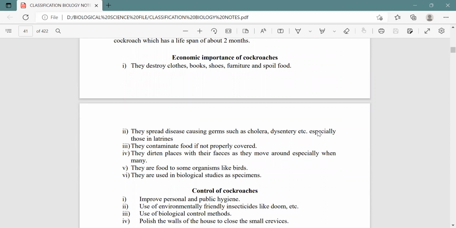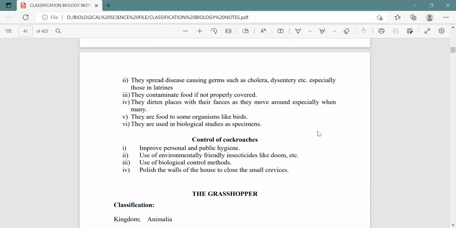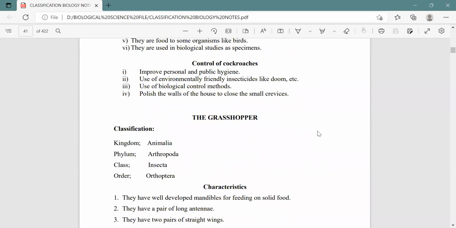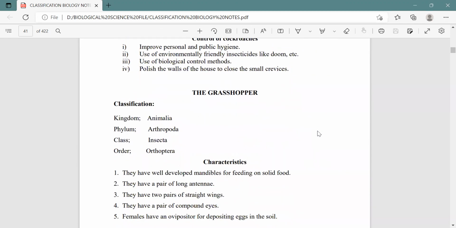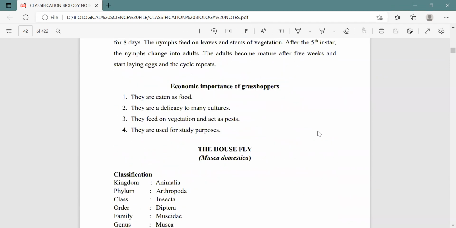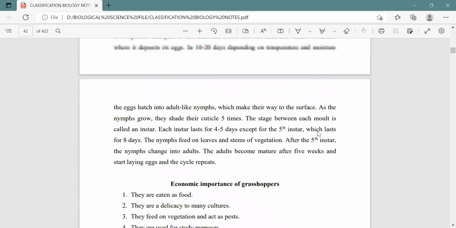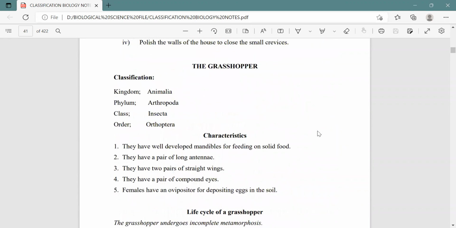Economic importance may be advantages or uses, and even disadvantages. How harmful or useful the cockroach is. The grasshopper is there.